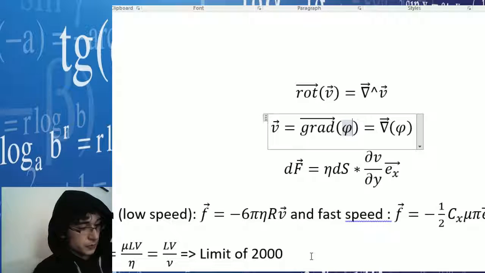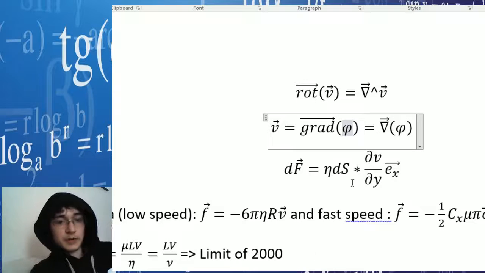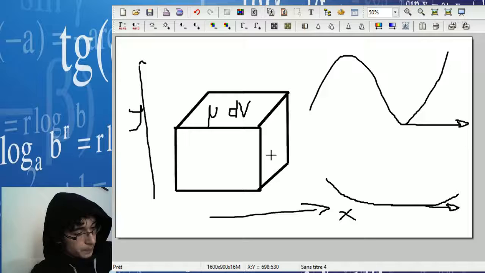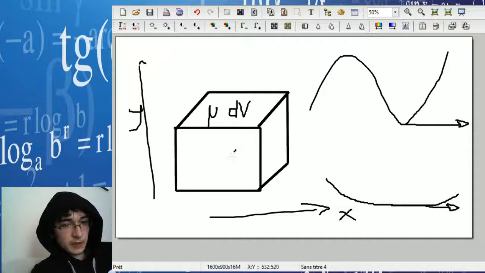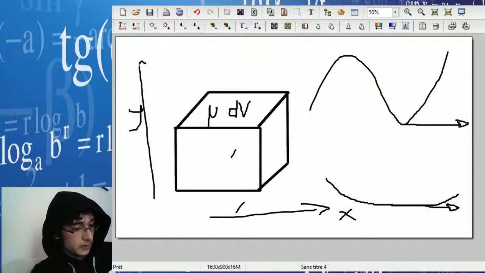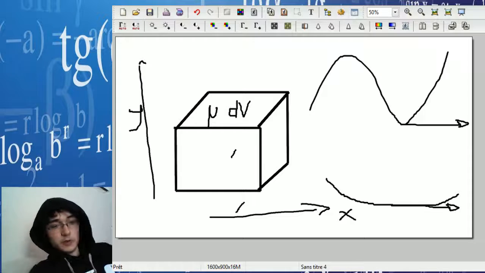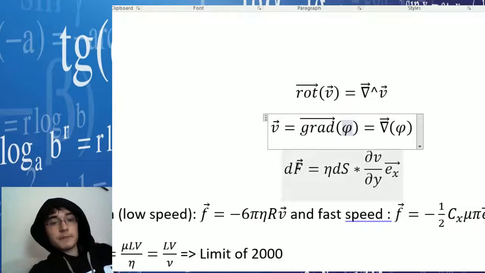You want to know the force between this particle and the particle below it, the force that this one applies on the particle below it. So you'll actually find this formula.